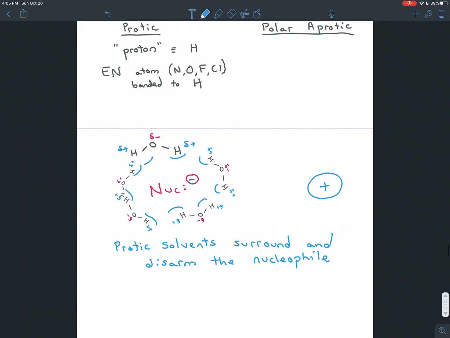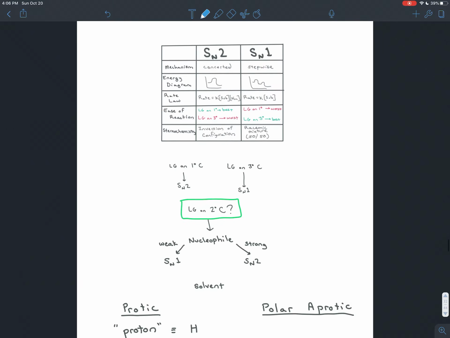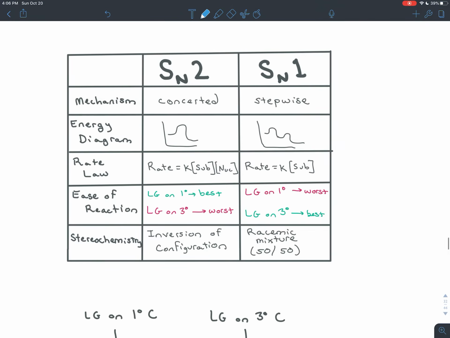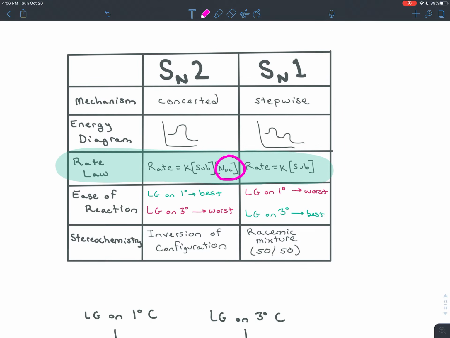So imagine, what mechanism is disfavored by weakening the nucleophile, disarming the nucleophile? The SN2 mechanism. Because if you look at the rate law, only the SN2 mechanism has the nucleophile in its rate law.